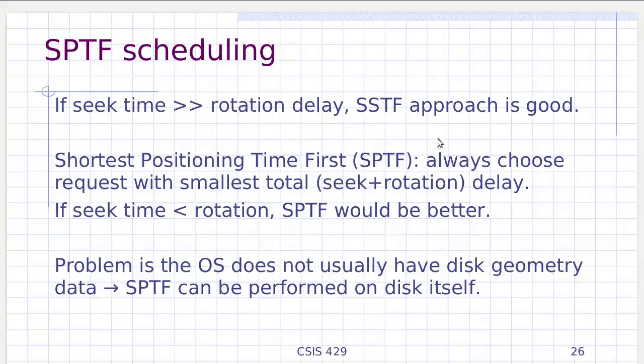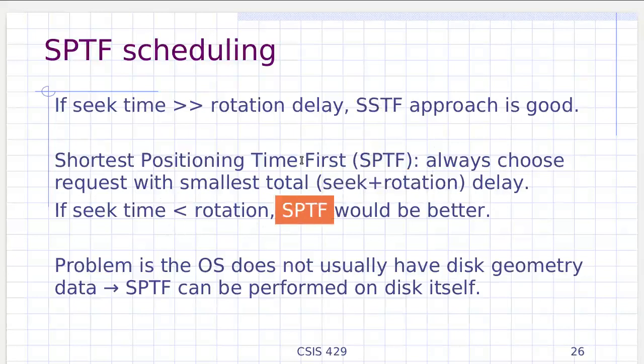However, ideally you want to always choose the request with the smallest total seek time plus rotation delay. And so as a result, if your seek time is less than the rotation, you would say that SPTF, shortest positioning time first, would be better.